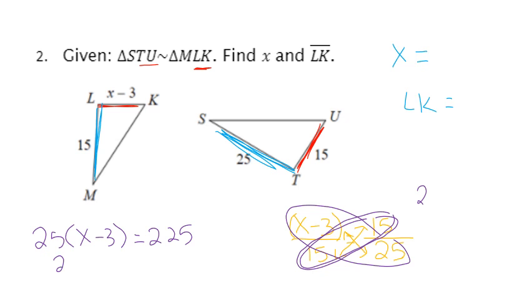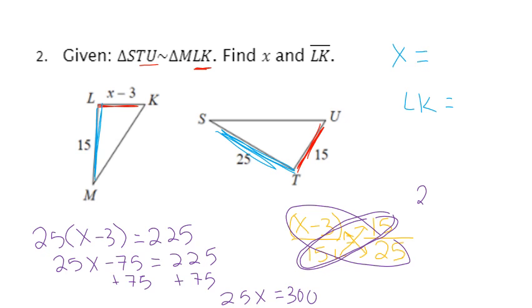And then we can distribute and solve. So the rest is just solving a linear equation. So we get 25x is equal to 300. Or when we solve it, we're going to get x is equal to 12.